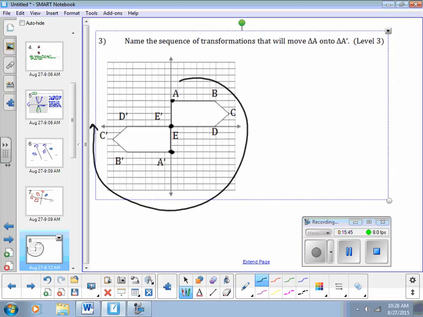A would be there. B should be right here. Or I'm sorry, no, you're right. B should be right here. C would be there. A rotation would match it, wouldn't it? 180 degrees. Okay.